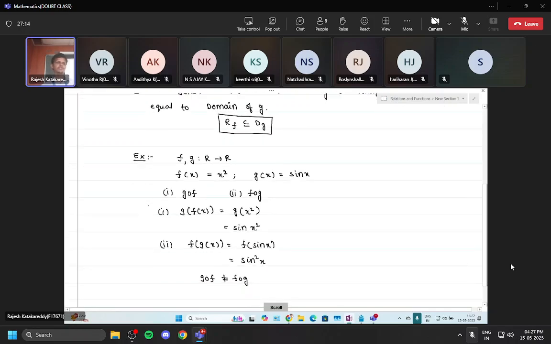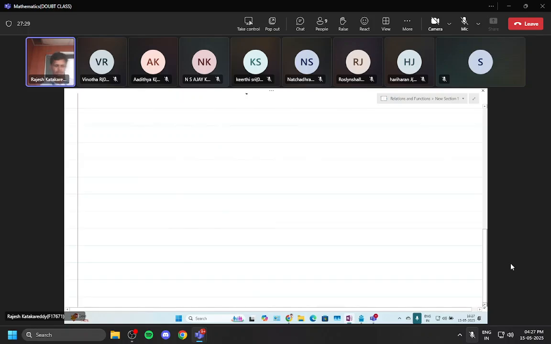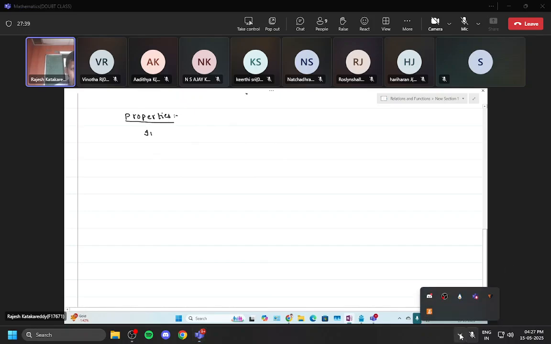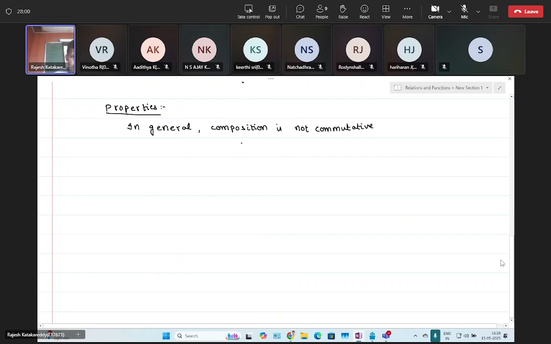So now properties of composition we will see one by one. In properties of composition, property number one is that in general composition is not commutative. f composition g is not equal to g composition f.